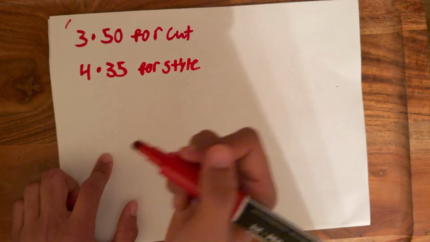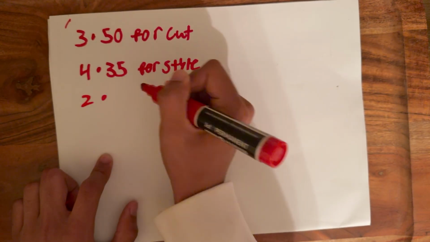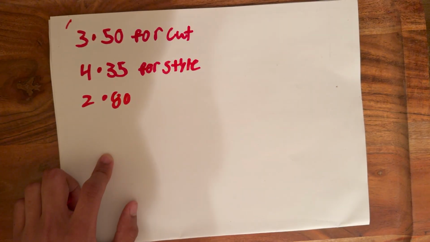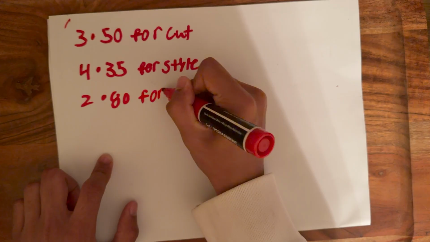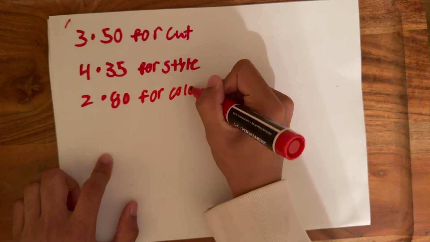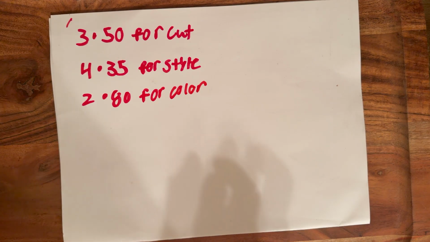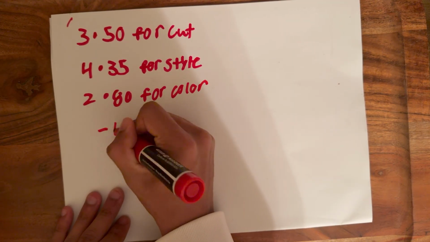And we'll say she does a color, and we'll say she does 2 colors in a day. So we're trying to figure out how much money she makes in one day. So $80 for a color. And we'll say a $10 discount for one of our customers.